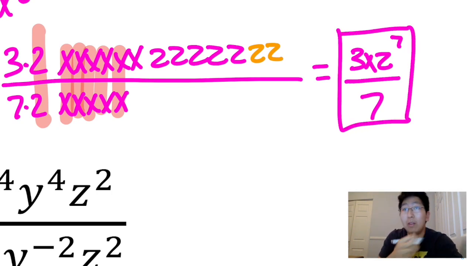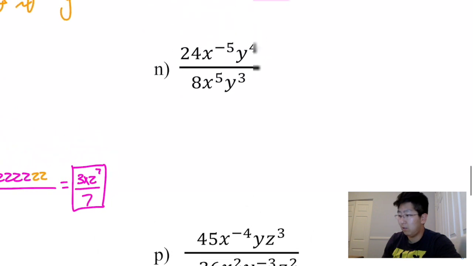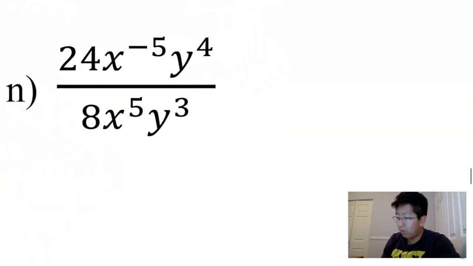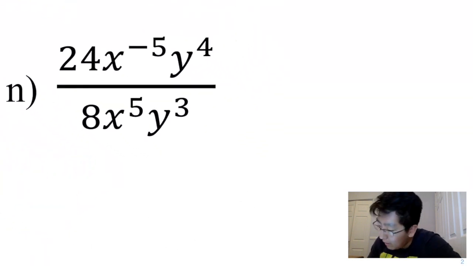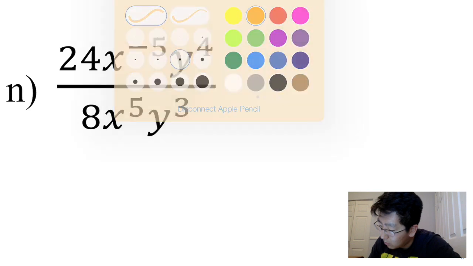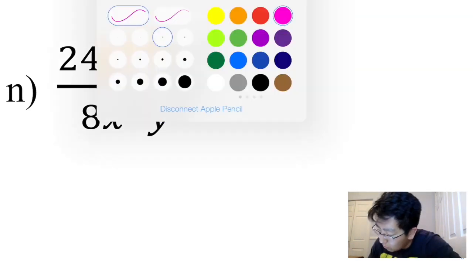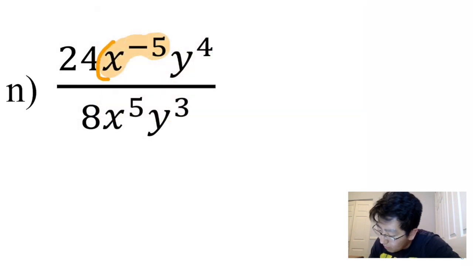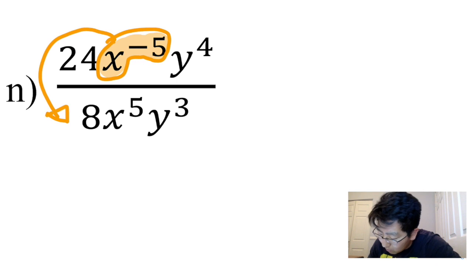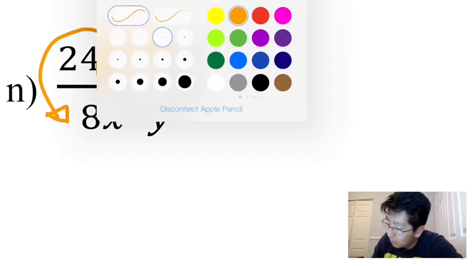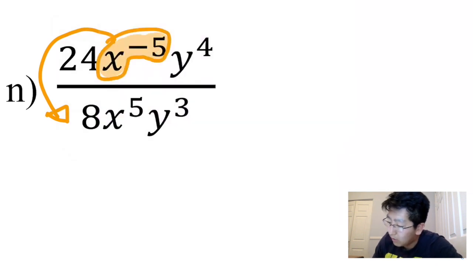So the next one. We have a negative exponent here, so we need to let them use their special ticket to go to the bottom theater. You could come down, but you have to use your ticket, which is the negative exponent.